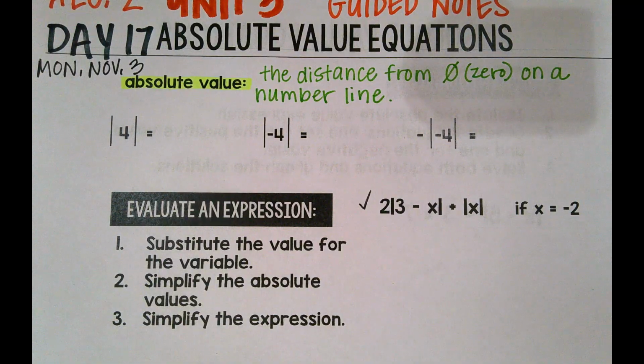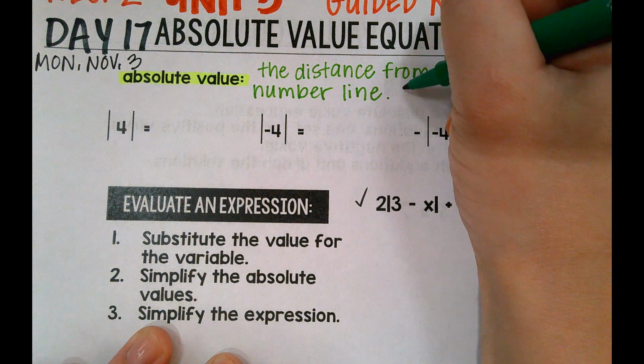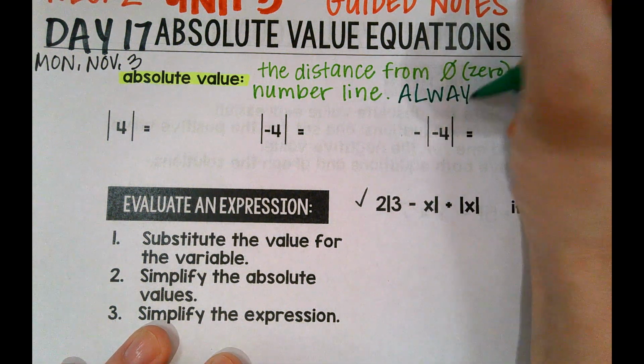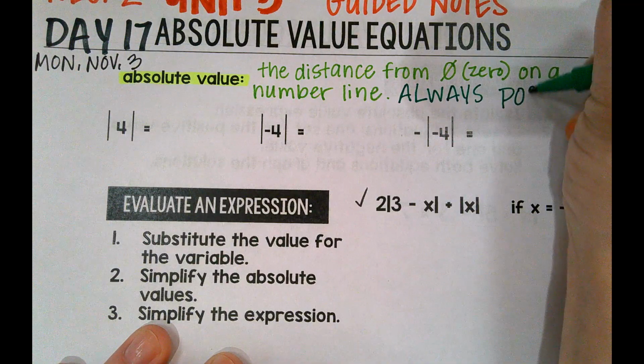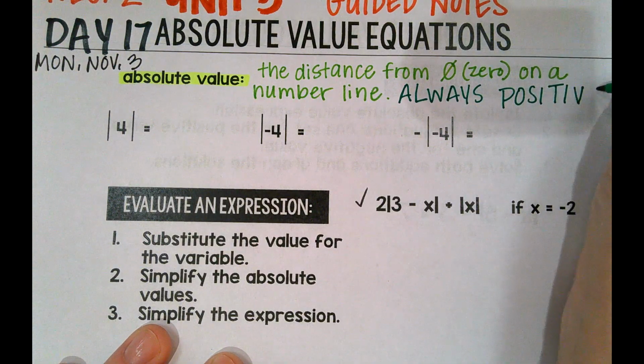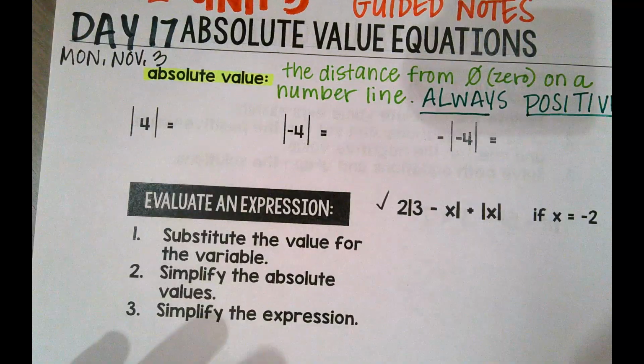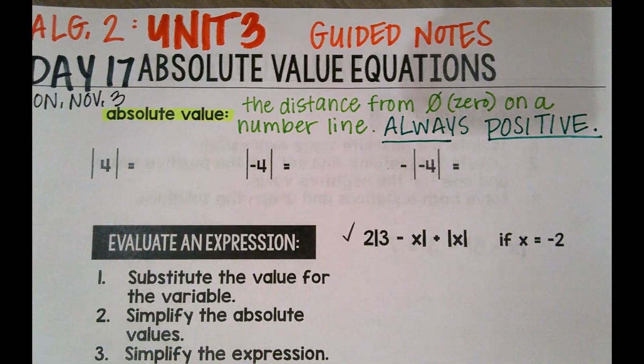Something that is special about absolute value is that it is, next thing you write, always positive. Always positive. Every single time.